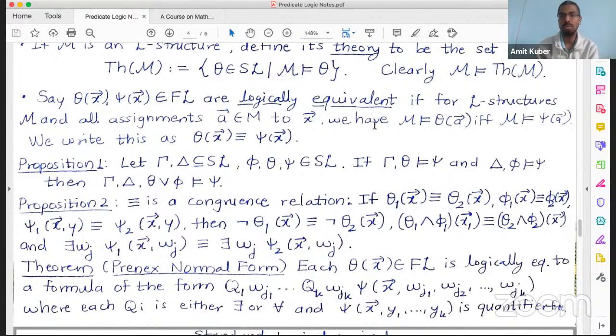We want some notion of logical equivalence. As we did before, we say that two formulas are logically equivalent if for all structures M and for all assignments A bar to X bar, the left hand side is true if and only if the right hand side is true at A bar. This is our standard way of saying that.